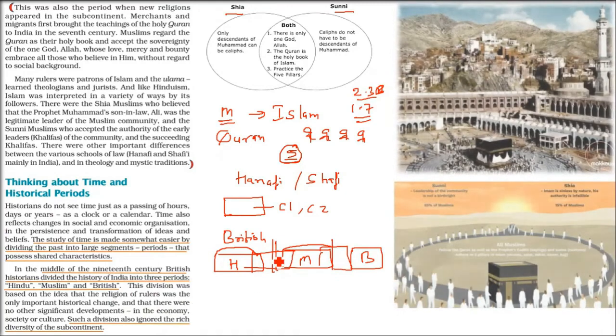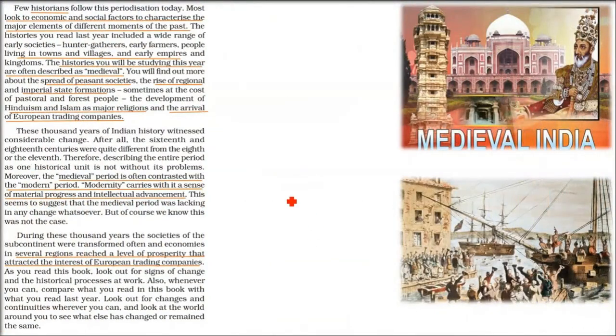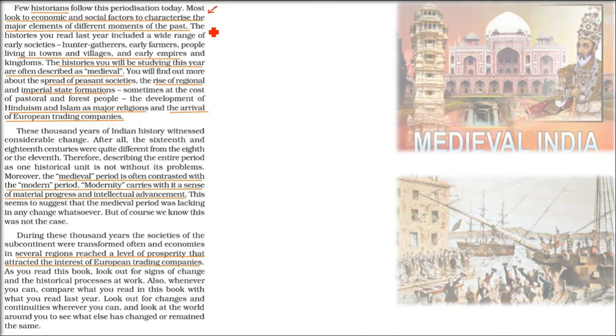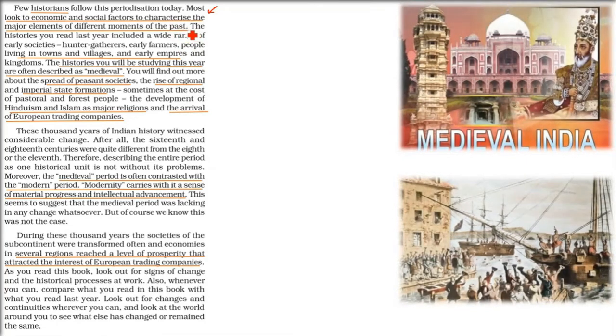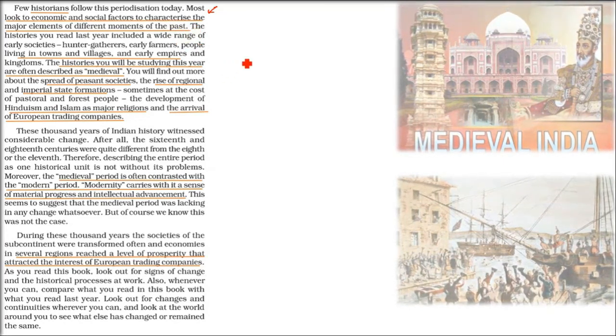So the actual diversity of our subcontinent was ignored in this kind of division: Hindu, Muslim, and British. Few historians believe this, because things change. If you take a classification, things should be static for some time. It should not change. These categories should have a clear picture.